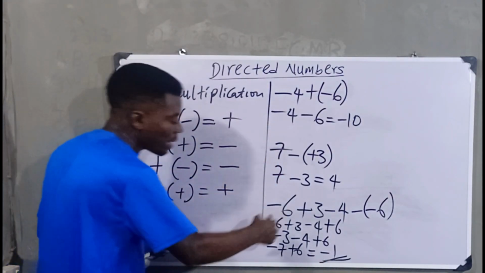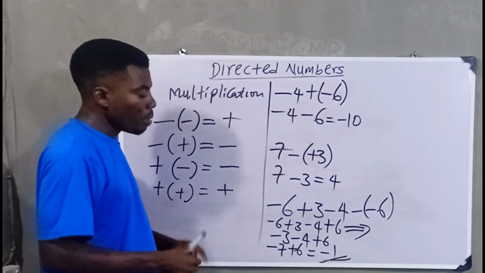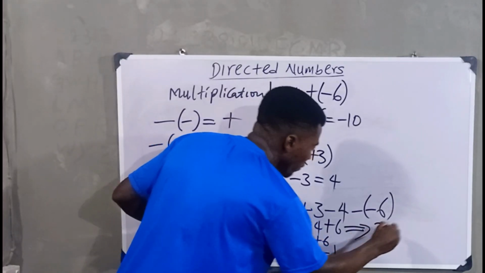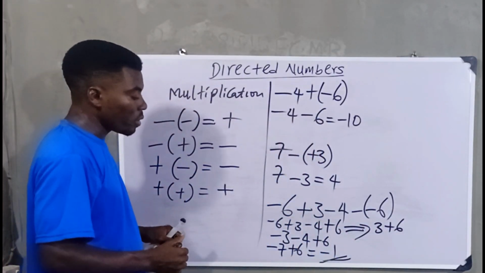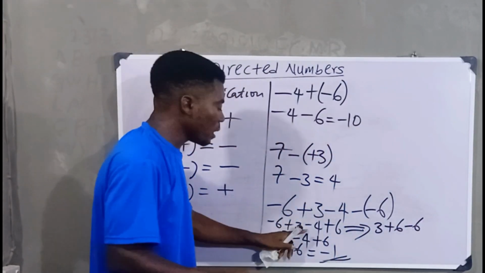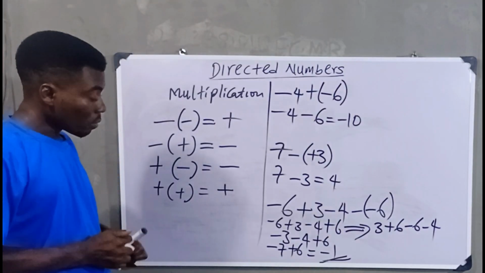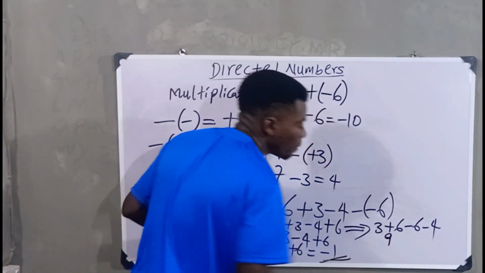Don't forget that you can still rearrange this question by putting positive numbers first. So this is positive 3 and plus 6, positive 6. This one is negative 6 and then negative 4. So 3 plus 6 gives us 9.